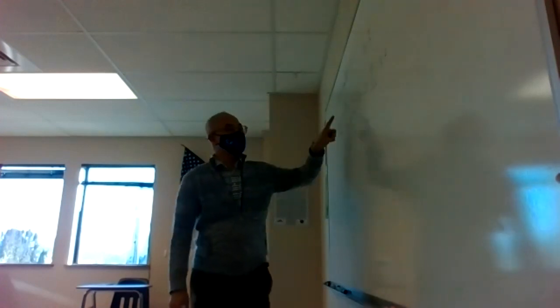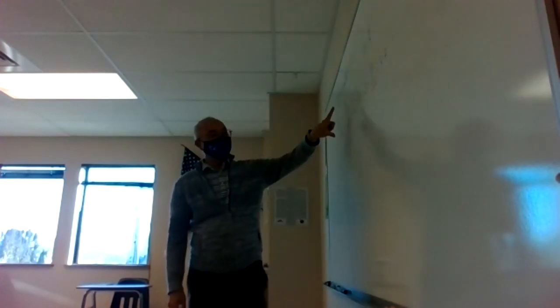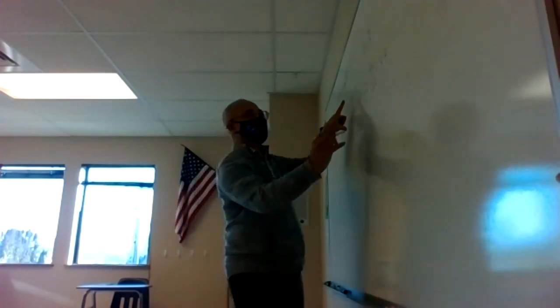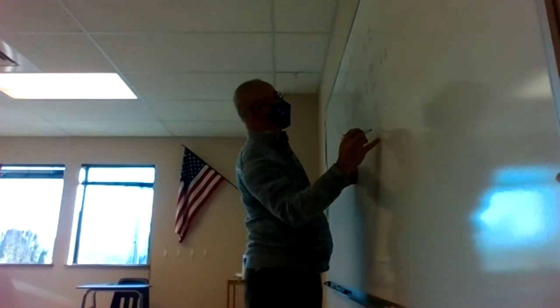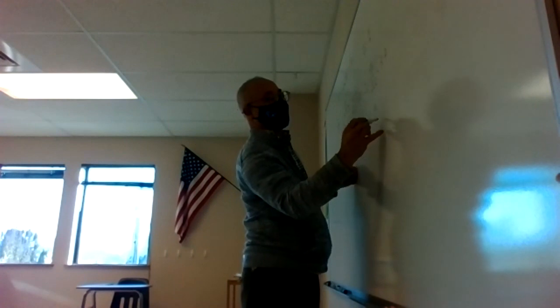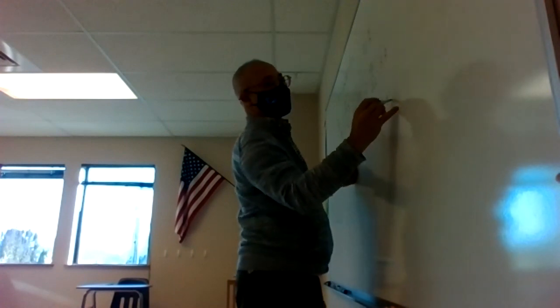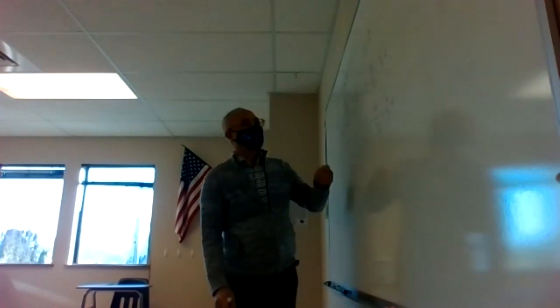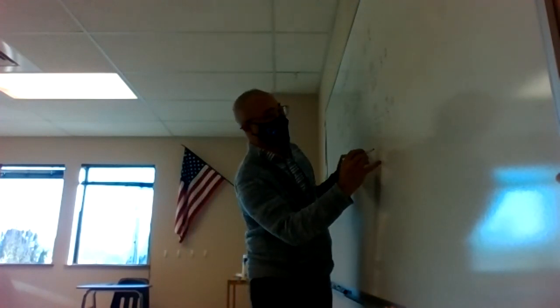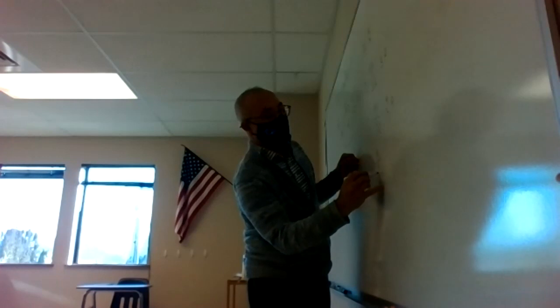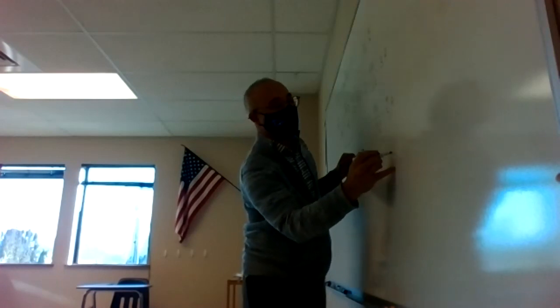So I have 3 amps going through here. Over here, I2 is going to be equal to 9 volts over 7 ohms, so I have 9 over 7 amps. Over here, I3 is going to be equal to 9 volts over 9 ohms, which is 1 amp.